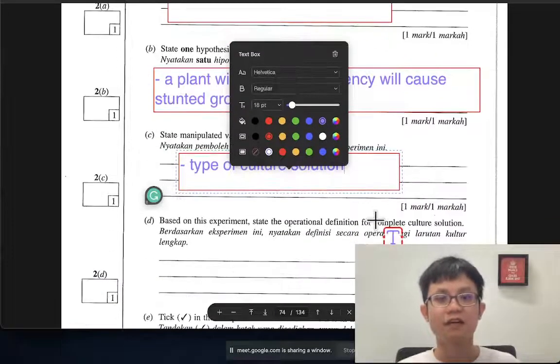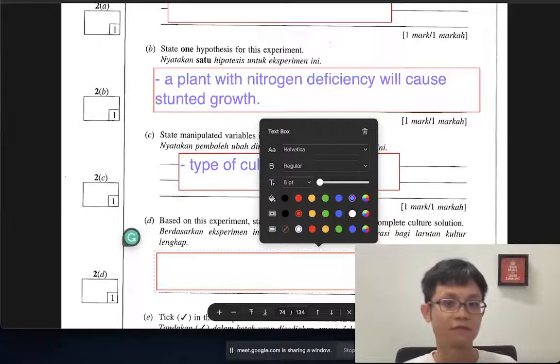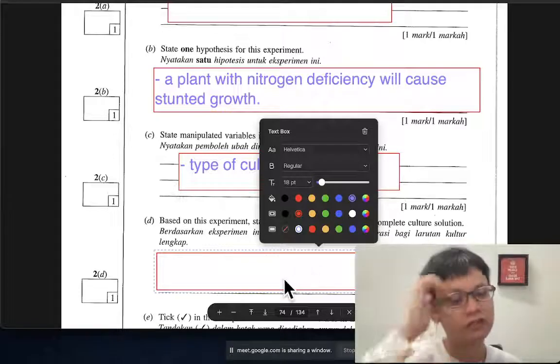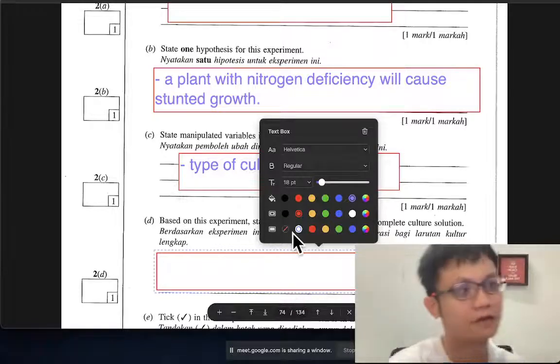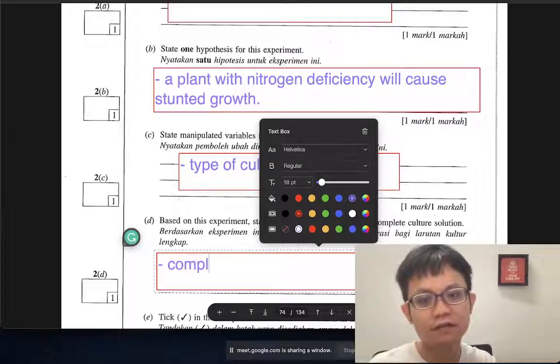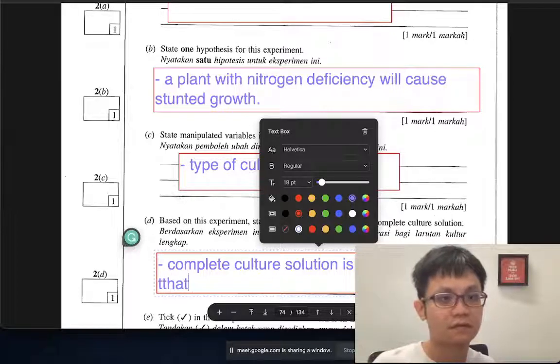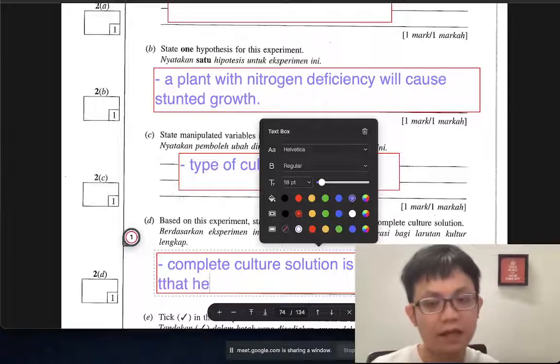Based on the experiment, state the operational definition of complete culture solution. Operational definition means in this experiment, when you are referring to culture solution, what are you talking about? Complete culture solution is a type of nutrient that helps plant to grow healthily.